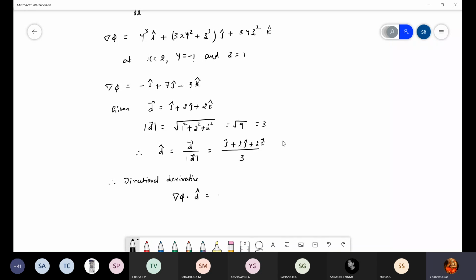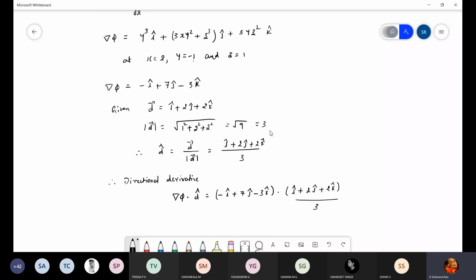Grad phi, minus i plus 7j minus 3k. Okay, dot d cap is i plus 2j plus 2k divided by 3.